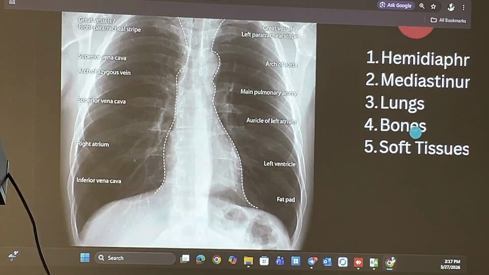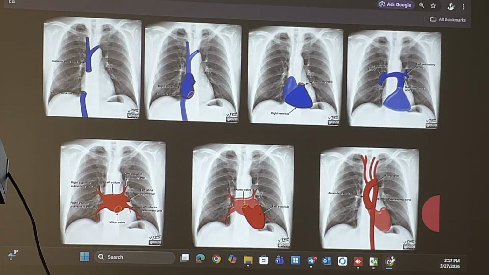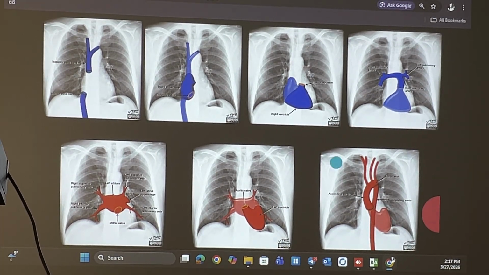So this is the schematic view of the heart and heart shadows.